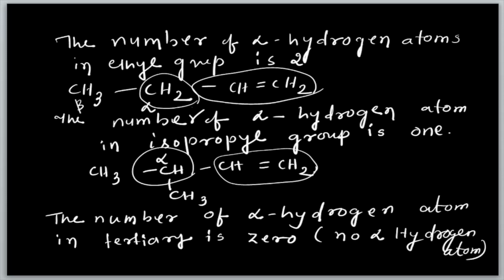In the alpha carbon there is no hydrogen. So what is the meaning? The alpha hydrogen is 0. Again see, in the methyl group there are 3 alpha hydrogens, in the ethyl group 2 alpha hydrogens, in the isopropyl group only 1 alpha hydrogen, and in tertiary there is no hydrogen atom.